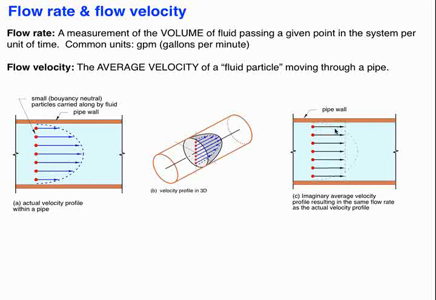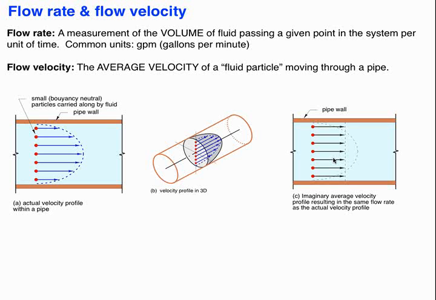So if you look at that curve right there that I'm tracing with the cursor, that's the actual velocity profile. And what I'm showing here with these equal length arrows represents a hypothetical situation, but it represents average flow velocity.